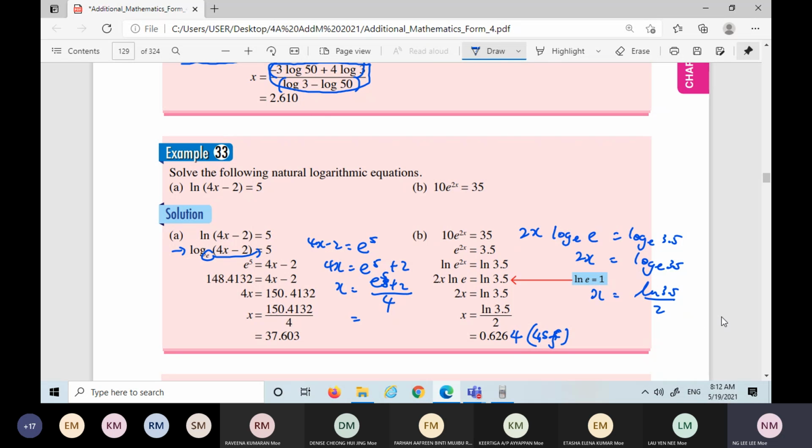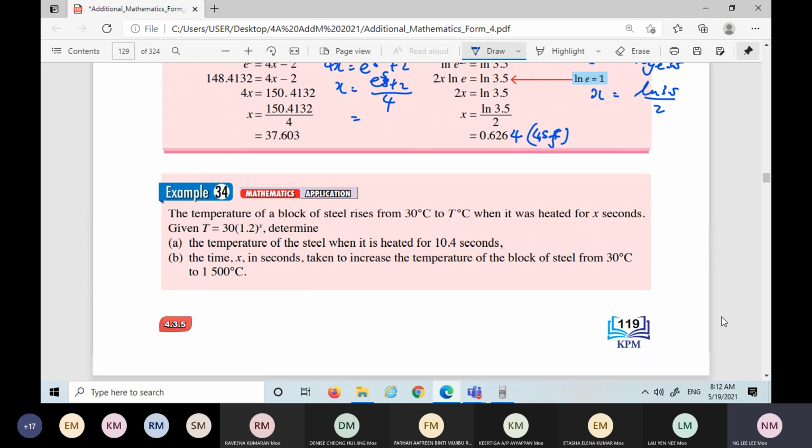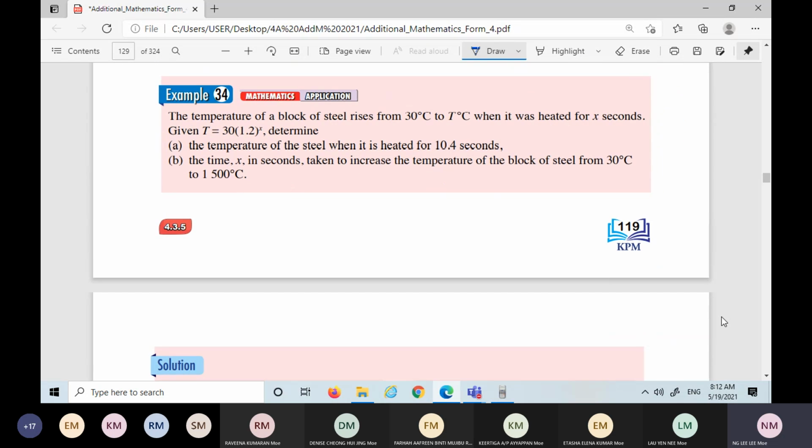Okay, you all wait for a while. You all go through this example 34.